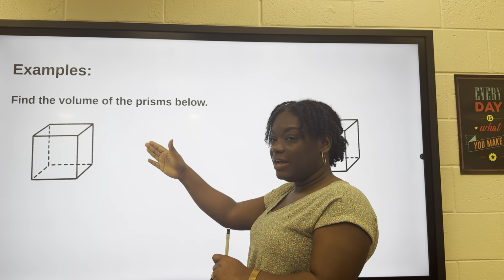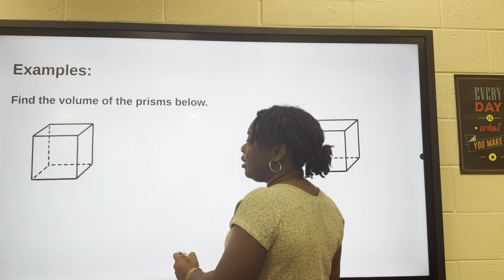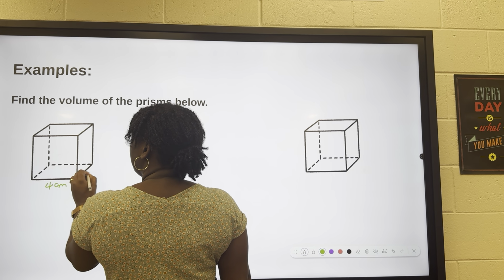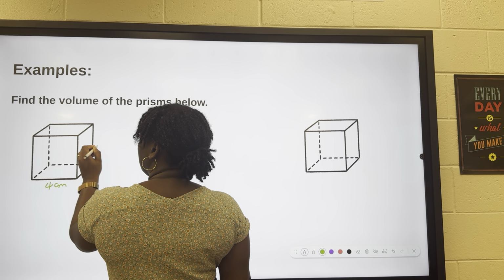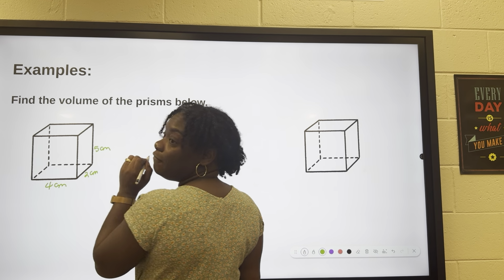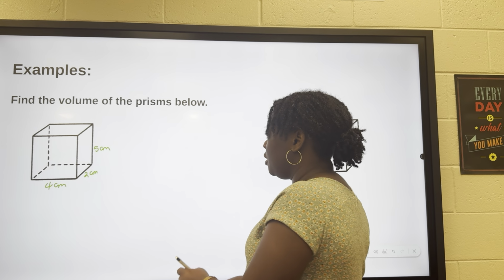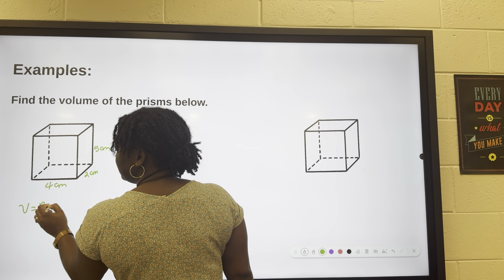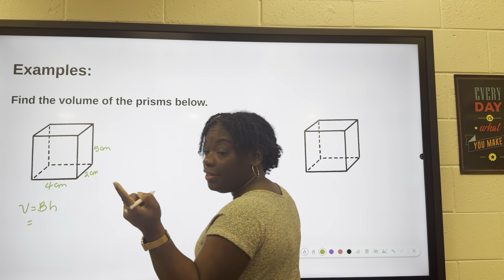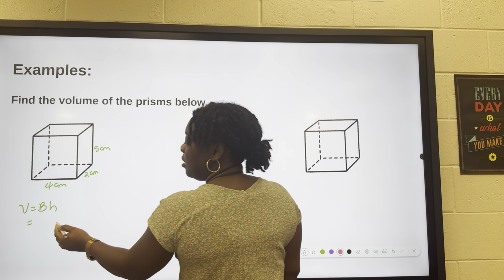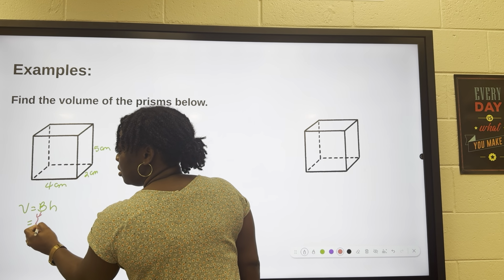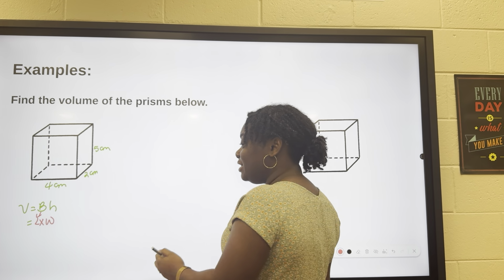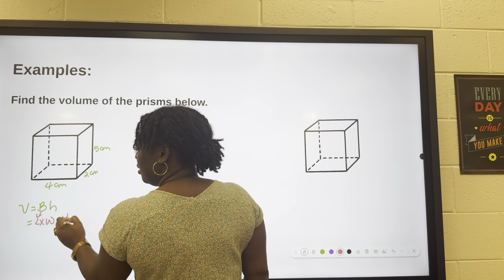So we're going to put some random values in. I'm going to call this 4, that 2, and that 5. Remember, V is B times the height. My B is length times width, and then my height.